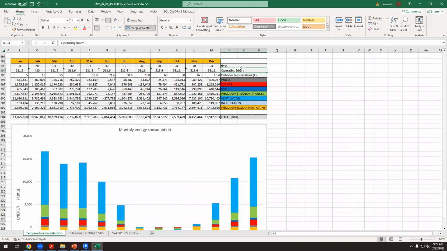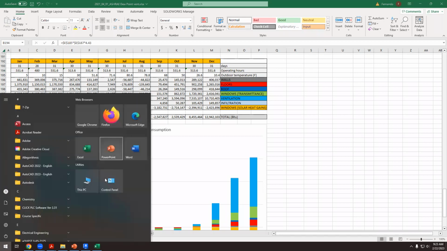What does it mean, the operating hours? That depends on the schedules. Okay. So what is this? We have considered that in January we have around 531 operating hours.